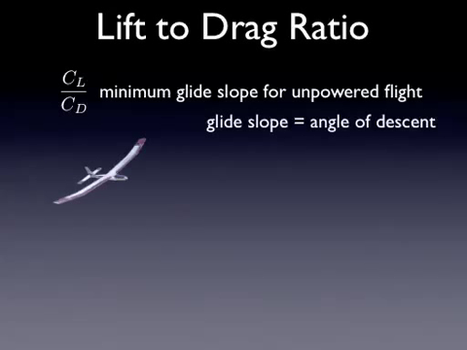And so if we take an aircraft, let's say there's no updrafts and it's not powered, so this is just going to glide down to the ground, it's going to follow a certain trajectory. And that trajectory has to do with the design of the aircraft, more specifically the lift-to-drag ratio. So the glide slope is actually that angle that it forms with the horizon as it descends.